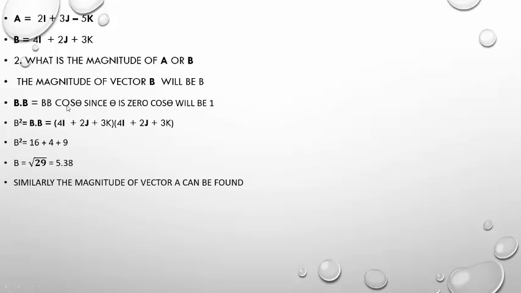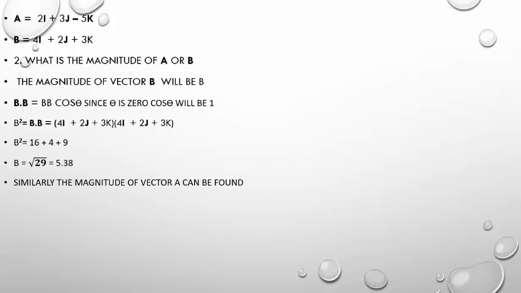What is the angle between B and B? It will be 0. So I can now say B squared is equal to B dot B. So this is my first B, which is a vector, dot the second B, which is also a vector.